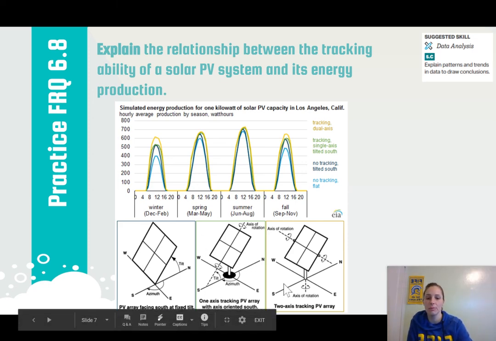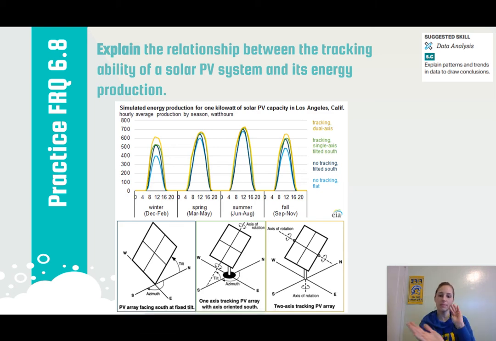This, on the bottom, is going to show you how the system is going to be tracking. And then up on the top is where you're going to be looking at the energy production at different times of the year. Make sure that you pay attention to the colors of the dual axis tracking versus a single axis tracking versus no tracking, etc.